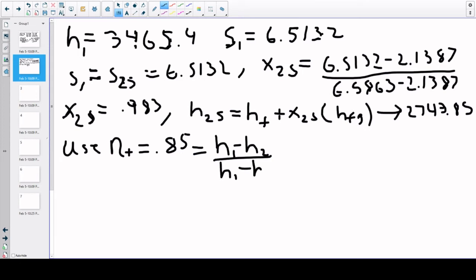And once this slowpoke gets done writing, we'll see that the enthalpy value is 2852.0 or 0.1.